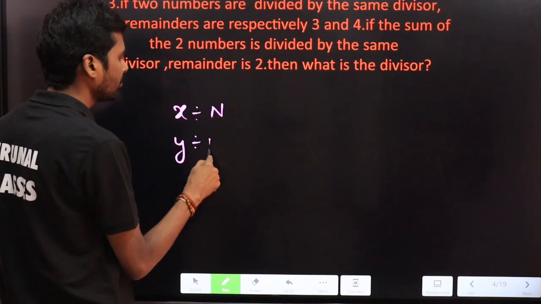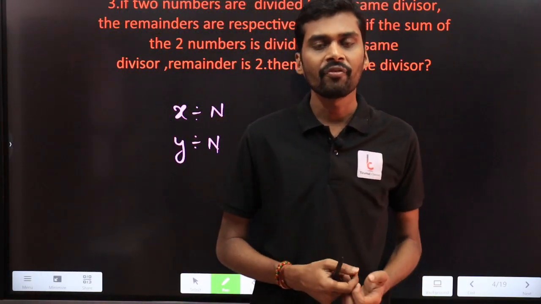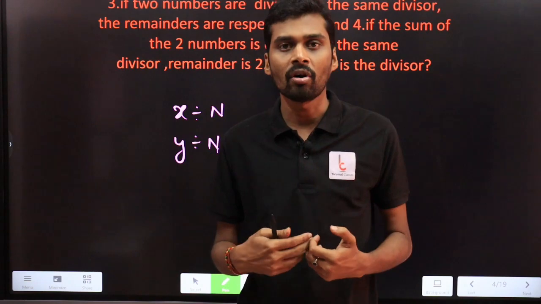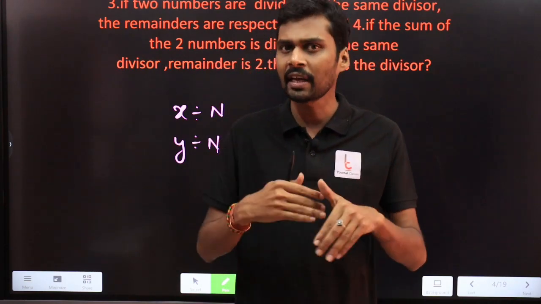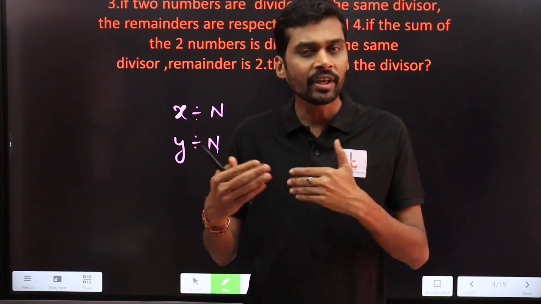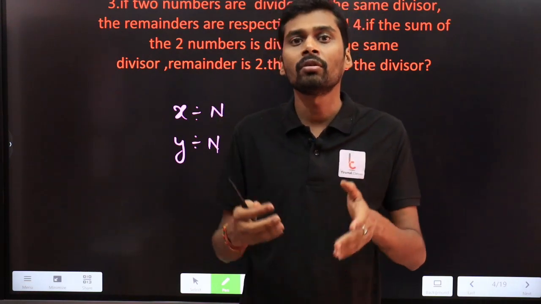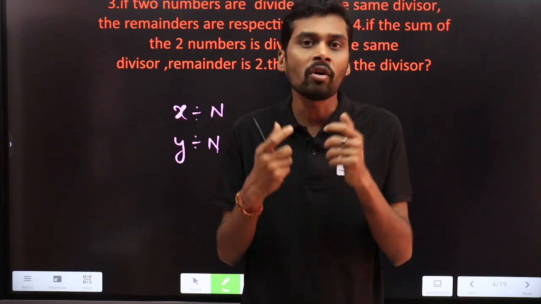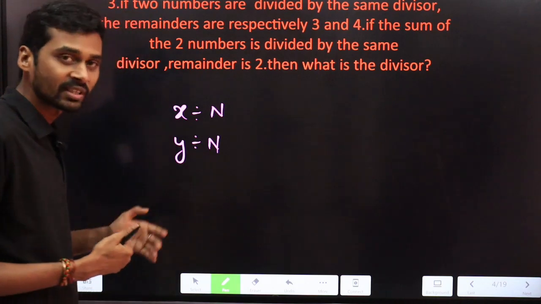In mathematics, if you don't know any particular value, we assume some variables. Variables means it can vary. That's why we take a, b, c or x, y, z.